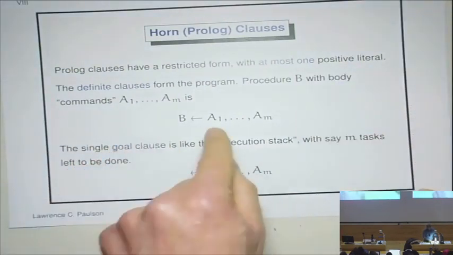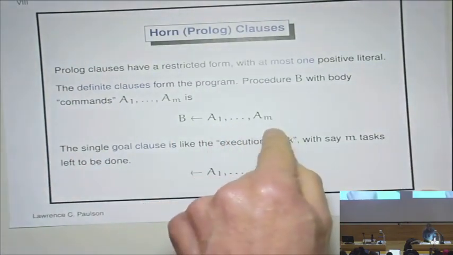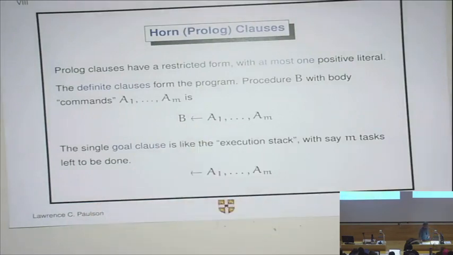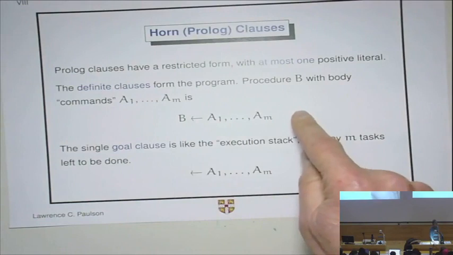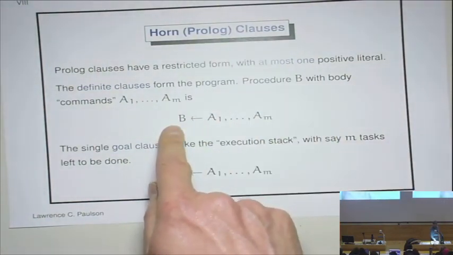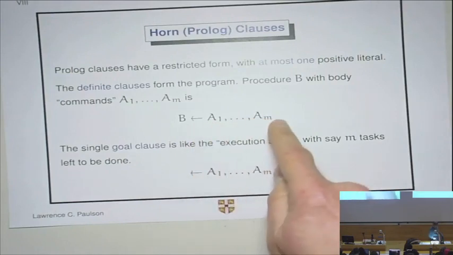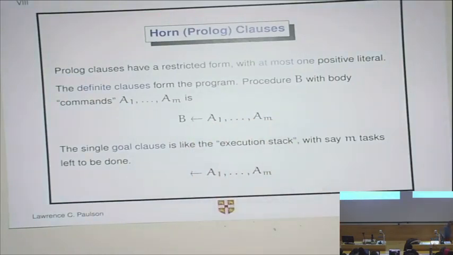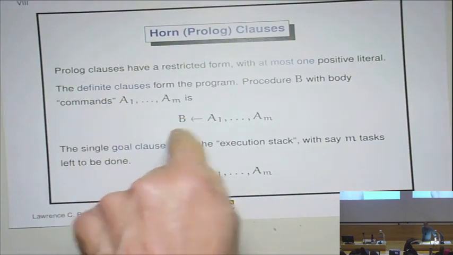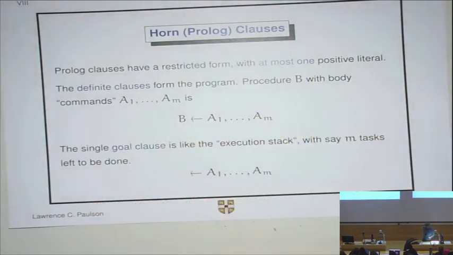We are now starting to regard the order as significant, so the A's are negative, the B is positive, and suddenly we're saying, this is expressing a line of a subroutine, and it is saying, to do B, do A1 up to AM. That is, of course, the procedural interpretation. The logical interpretation remains as before, that is, B will be true provided A1 up to AM are true.